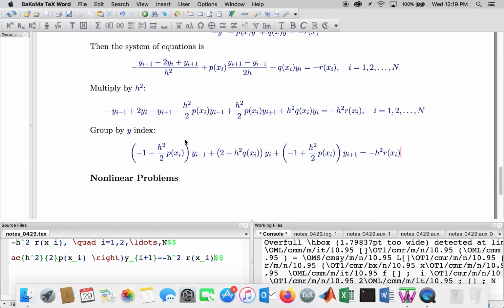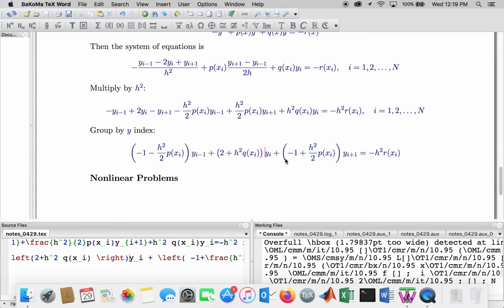So the reason why I did this grouping is that what I have here is a system of linear equations, because the boundary value problem is linear. So it's basically an Ax equals b problem. The right-hand side would be the b vector. What's on the left side would define the matrix. So whatever's multiplying y i, this is for i going from 1 to n, is a diagonal entry.